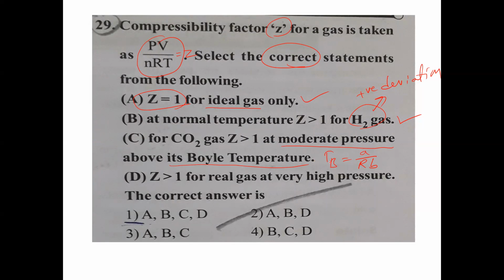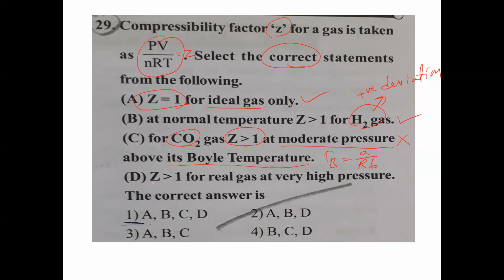Now they are saying Z value is greater than 1 for CO2 at moderate pressure above its Boyle temperature. No, Z value will be less than 1 for CO2. It is not a correct statement. CO2 will show negative deviation initially, and after that, only at very high pressures, it will show positive deviation. That's why we say statement C is wrong.